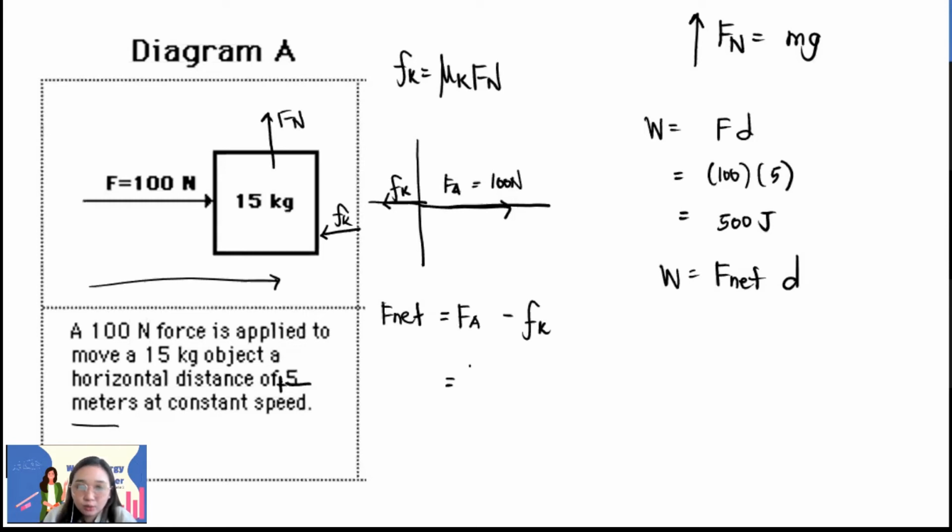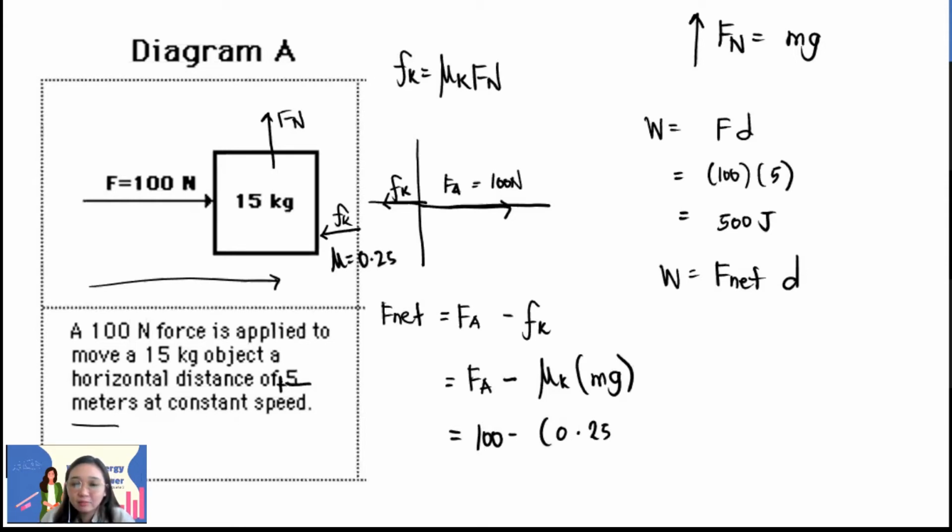So, Fa minus mu K. So, substitute ko na mg. Okay? So, substitute natin yung mga given, 100 minus, yung mu K natin, for example, 0.25, times the mass, which is 15, times acceleration due to gravity, 9.81. Okay, what would be the value of F net?